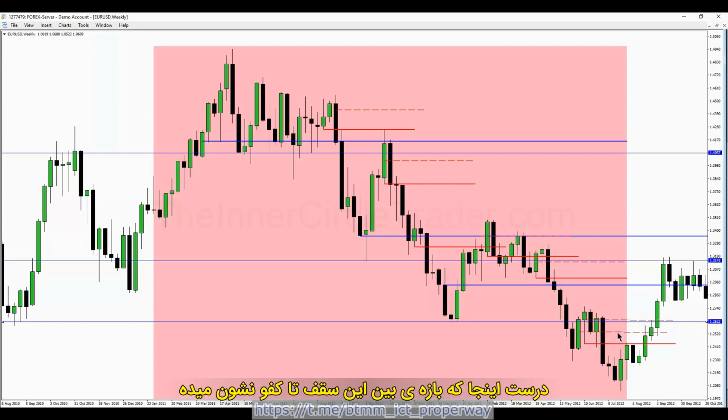Right there, delineating the range from this high to this low, the bodies only, not the wicks, and mean threshold right there. Okay, so we're going to take our levels now and move them down into a daily time frame.